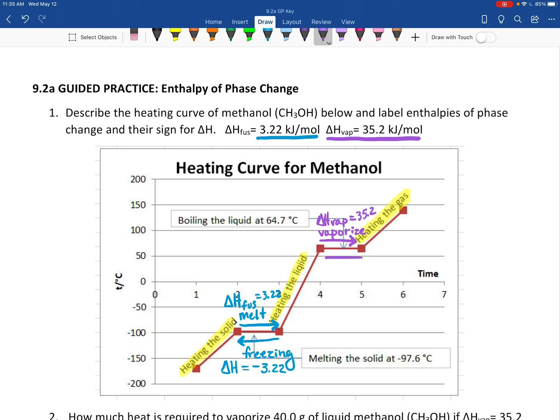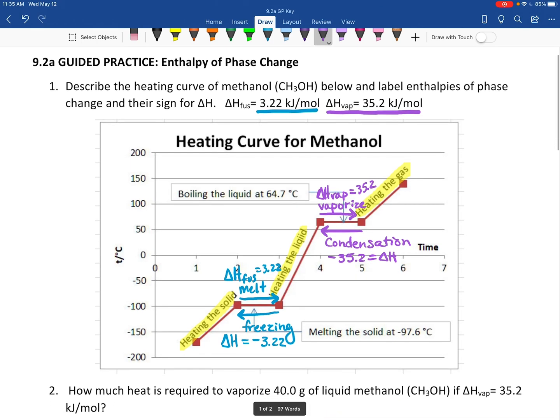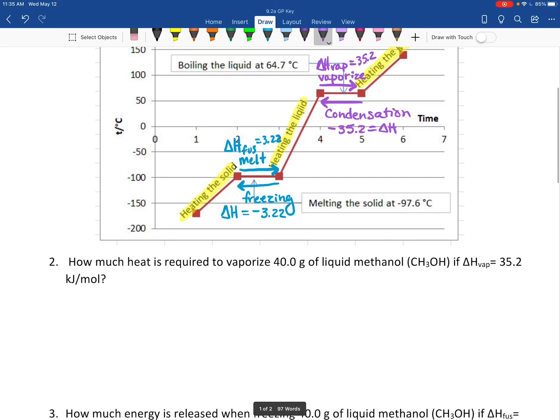And then in the opposite direction, that is going to be for condensation, and that value is going to be negative 35.2 for the delta H. So same magnitude, opposite directions. And just keep that in mind. Sometimes you'll have to use that negative value instead of the positive one, depending upon the direction.